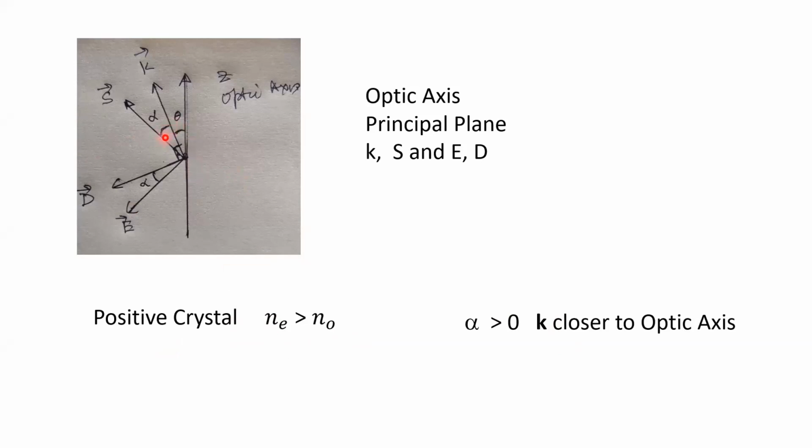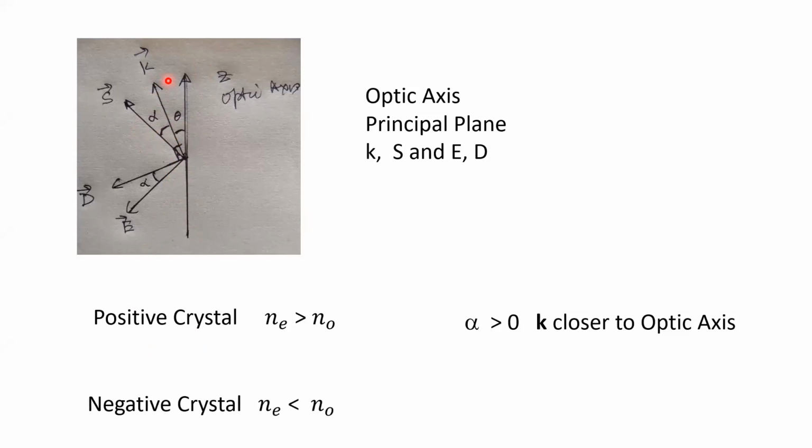Positive alpha means this: S is further away from the optic axis as compared to K, or K is closer to the optic axis. This is the case for positive crystals. What do we mean? The optic axis is a physical direction in the crystal. There's a direction of propagation K, depending upon whichever way the wave is going. What we are saying is that for positive crystals, the energy transmission is further away from the optic axis than K.